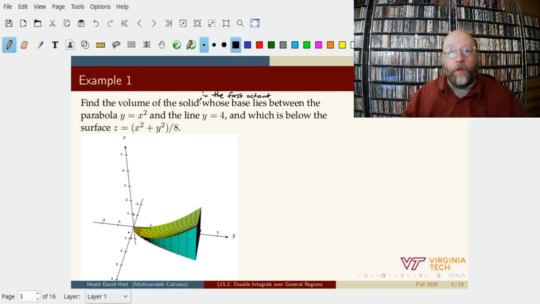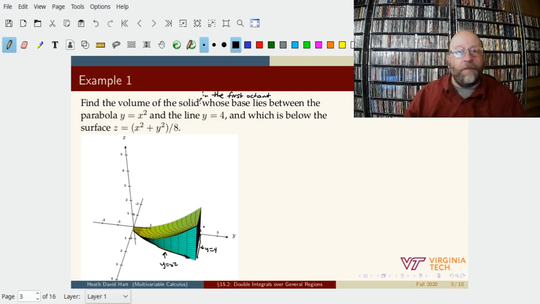And so we're looking at just the first octant here between the parabola y equals x squared, that's down here, the line y equals 4, that's right here. You can almost see the 4 peeking out on the y-axis there.